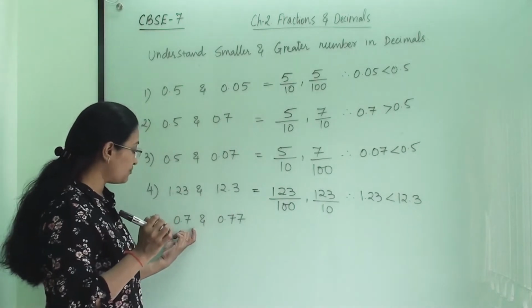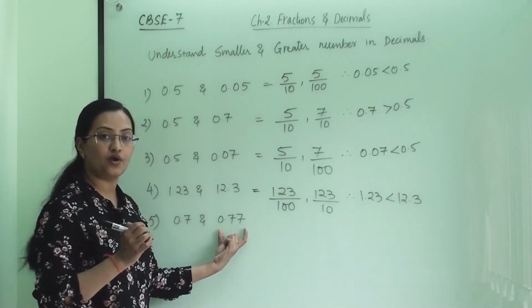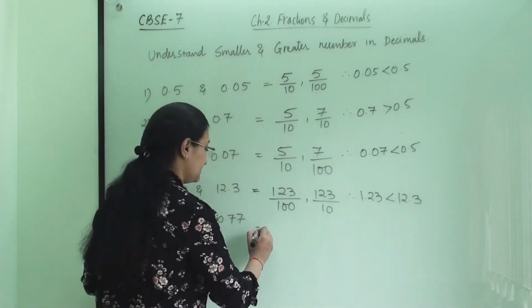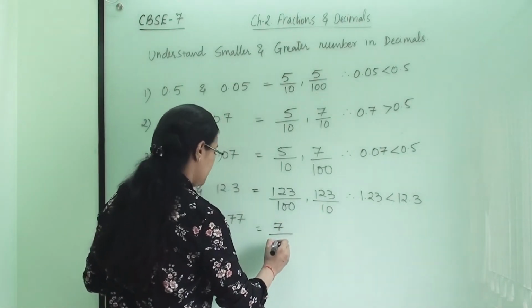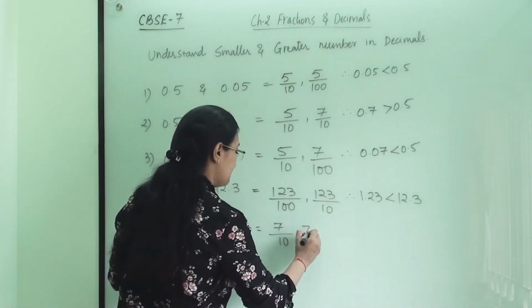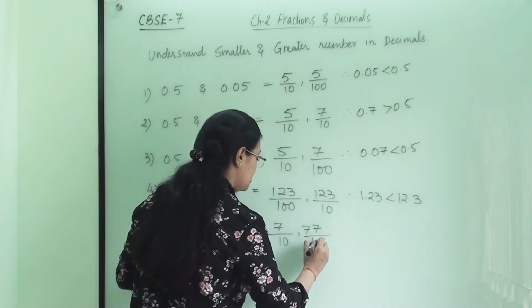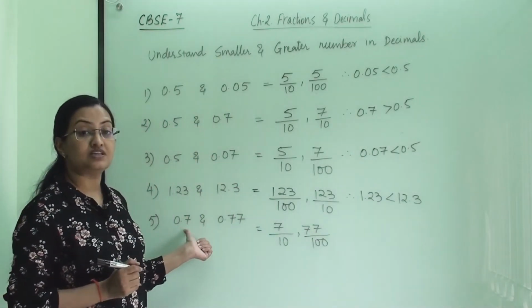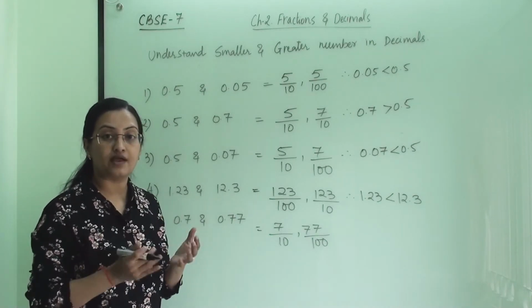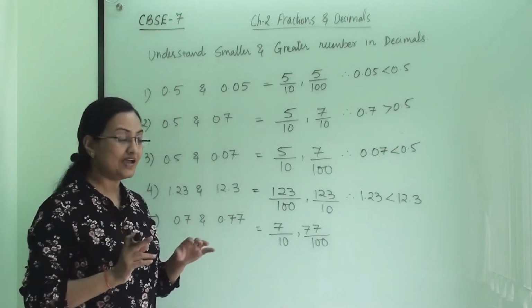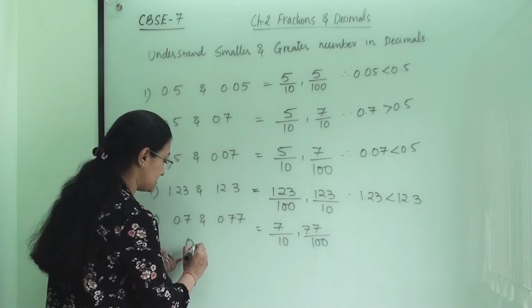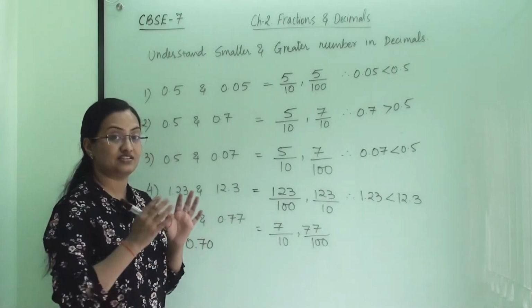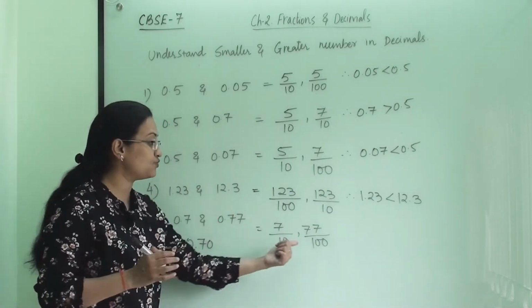Then the next is 0.7 and 0.77. Here it is 7 divided by 10 and 77 divided by 100. Whenever this kind of numbers are there, 0.7, 0.5, 0.4, we can write them as 0.70 or 0.700, to match with the other number.